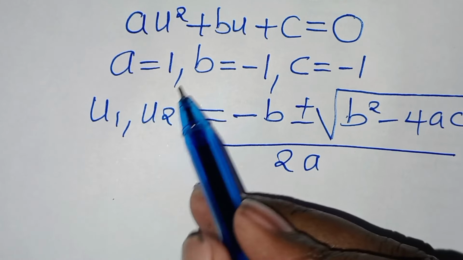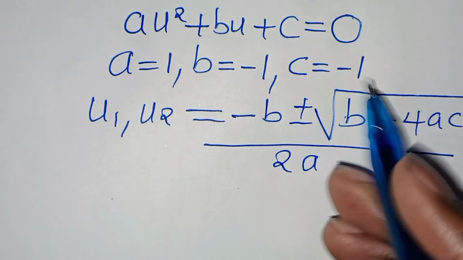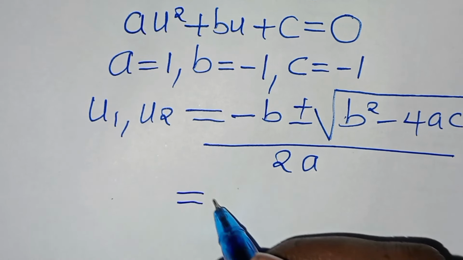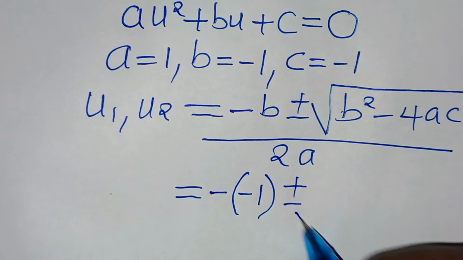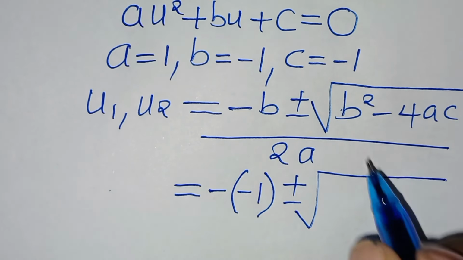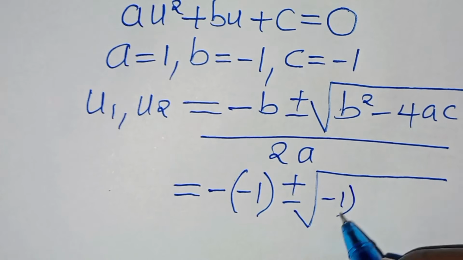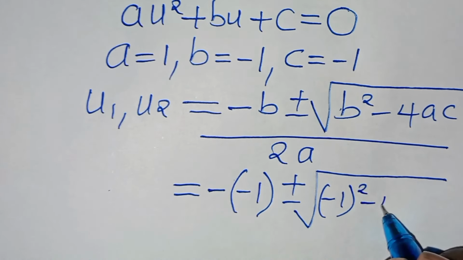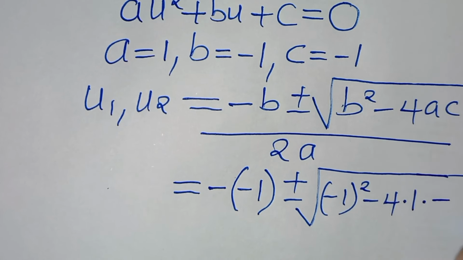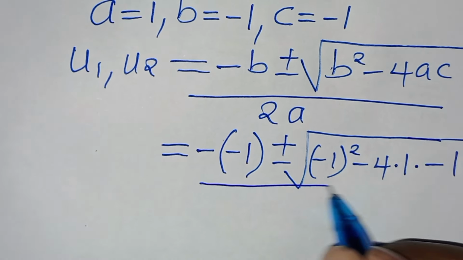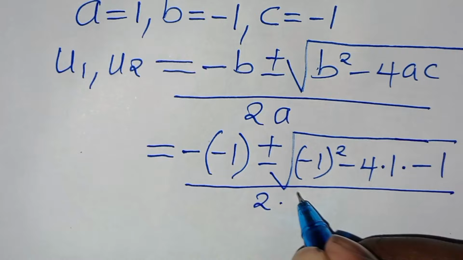So let's substitute the values of a, b, and c from here, so that now we have minus 1 plus or minus the square root of b squared, which is minus 1 squared, minus 4 times a, which is 1, then times c, which is minus 1. Everything here divided by 2 times 1.